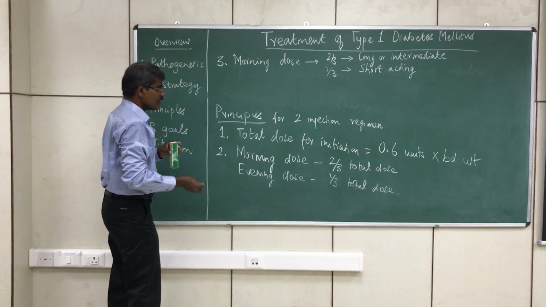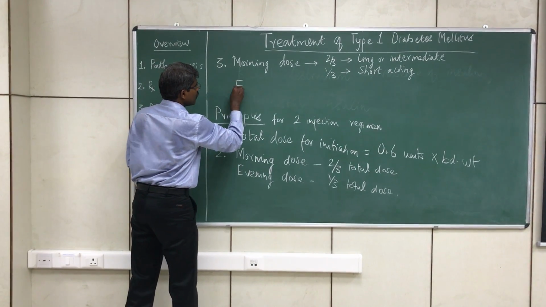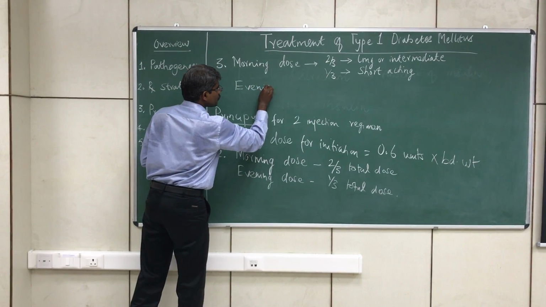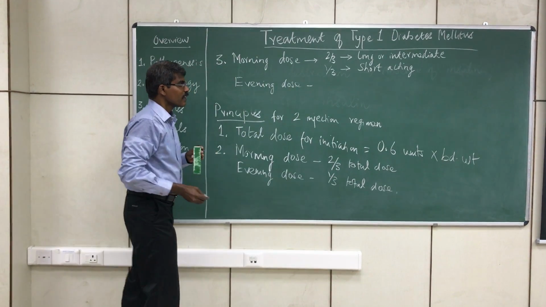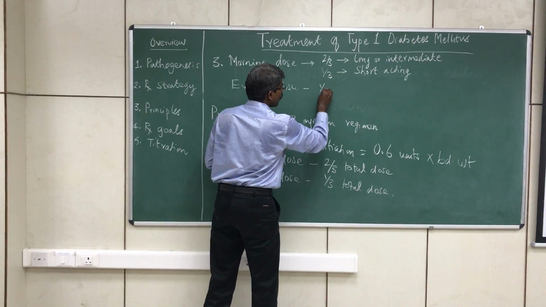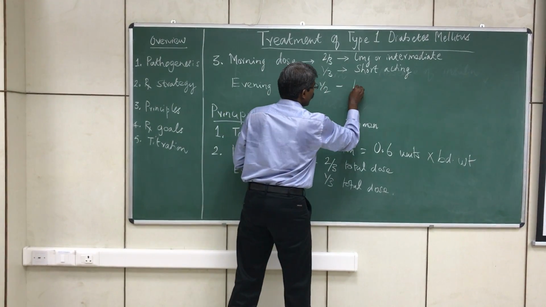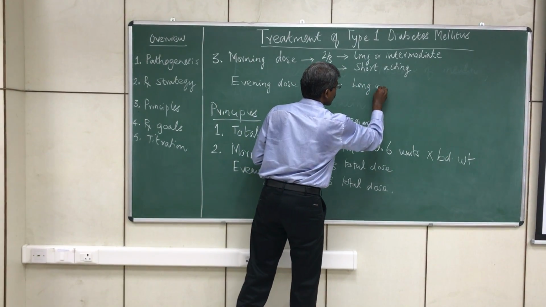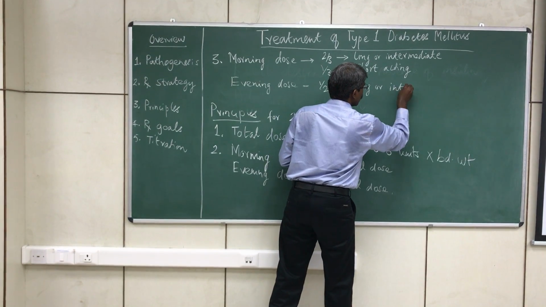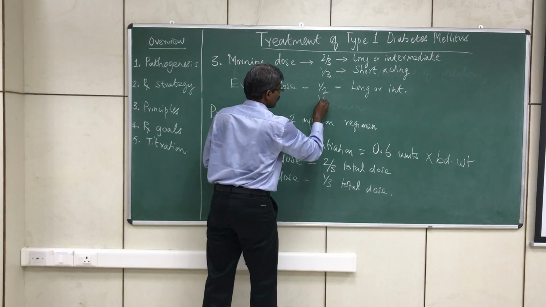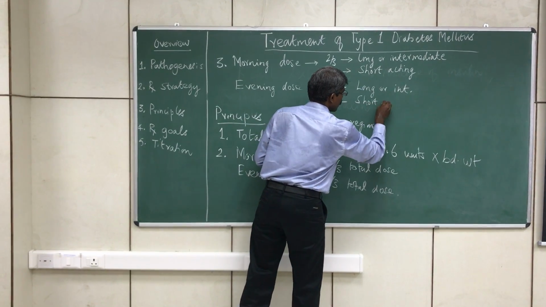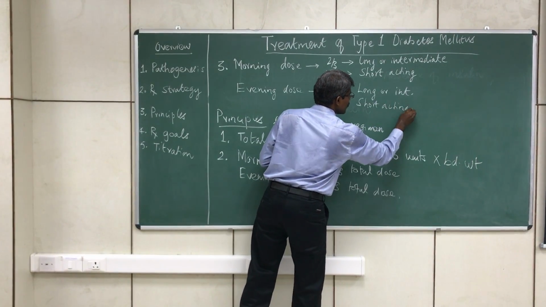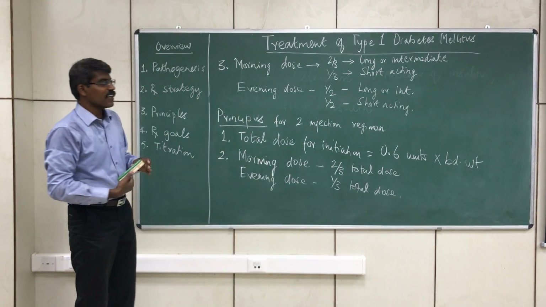Now if you see the evening dose, half is given as long or intermediate acting, and the other half is given as short acting. So these are the 3 basic principles which initiate treatment.